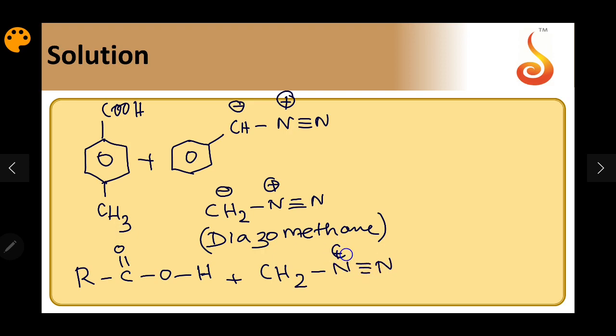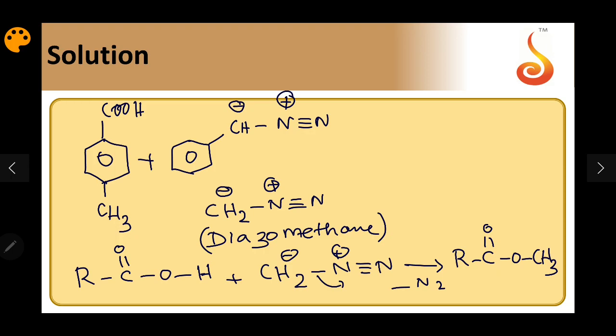So the nitrogen is lost, and RC double bond O, OH becomes RC double bond O, OCH3. So you have to introduce it between the OH bond, make it a methyl ester.